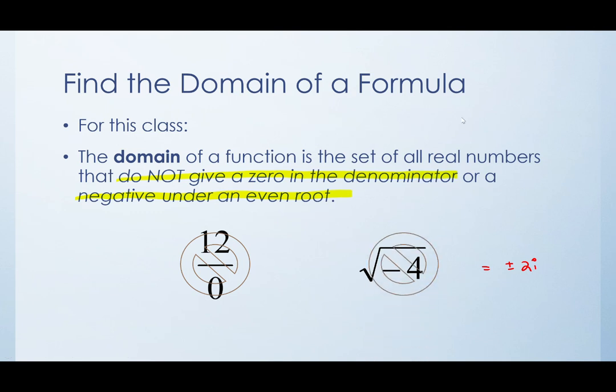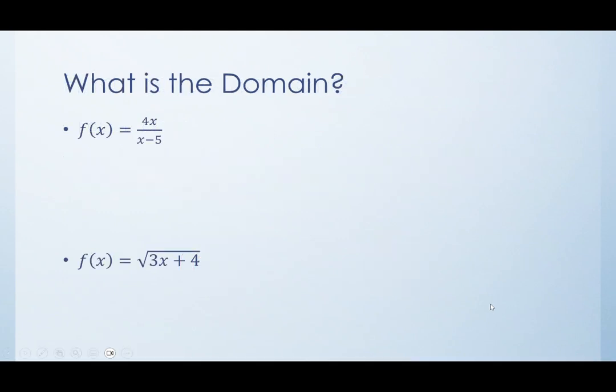Let's see. We'll do a couple of examples, and then we'll do a break. For this first function, we've got an equation. We've got 4x over x minus 5. And we're going to say if we plug in x equals 5, we will cause a divide by 0 problem.